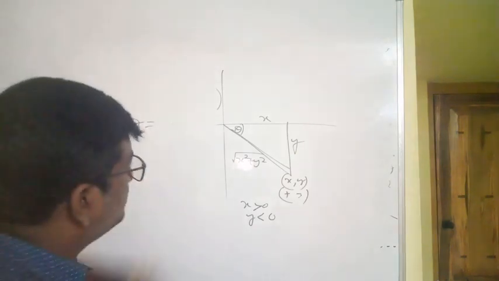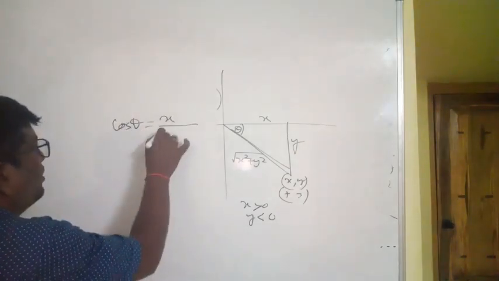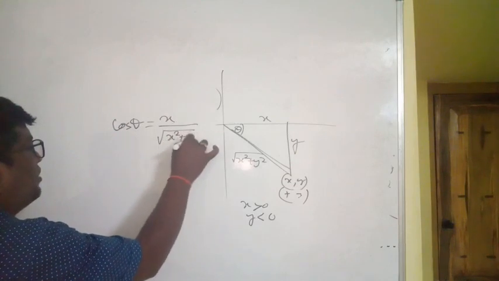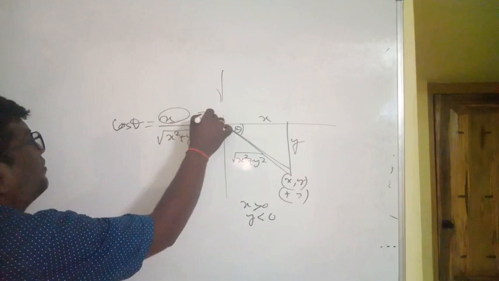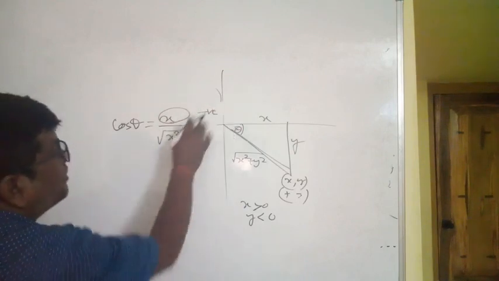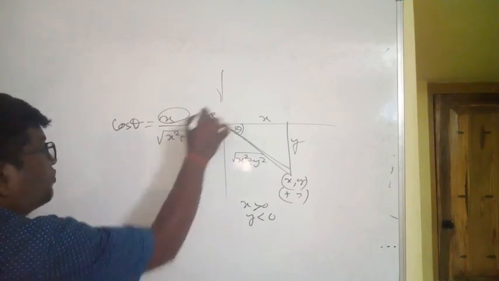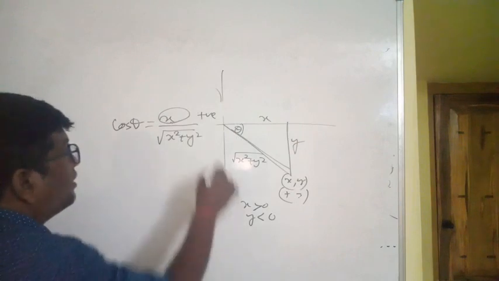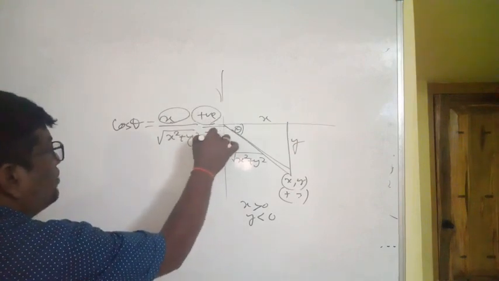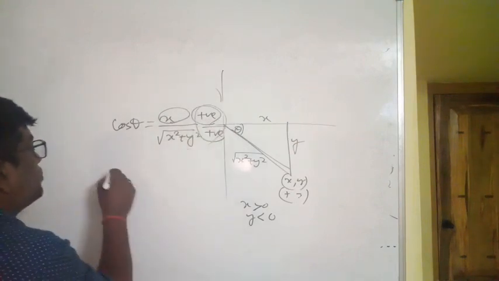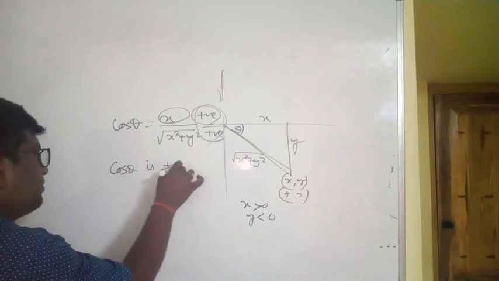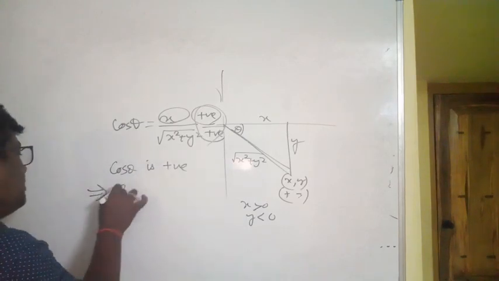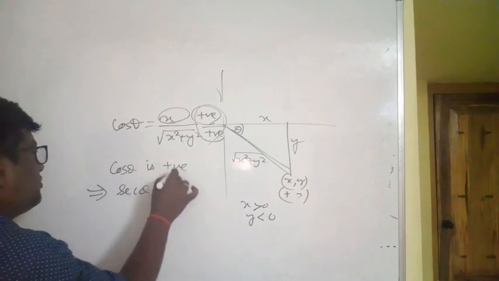B is x divided by root over x square plus y square. Is this negative or positive? Here it is positive. In the fourth quadrant x is positive and this is positive. So positive by positive is positive. So cos theta is positive, and its reciprocal sec theta is also positive.